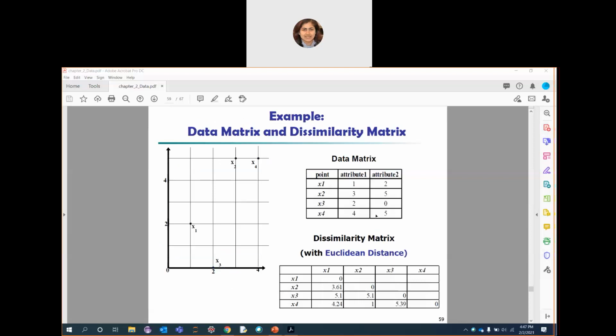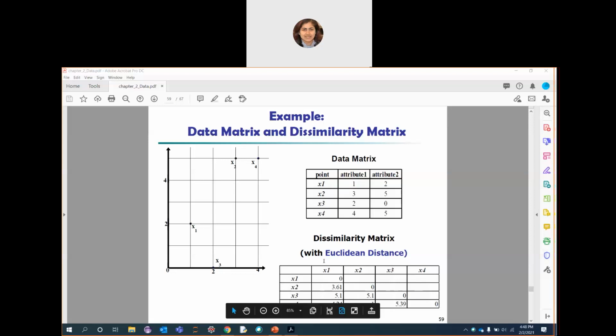If you remember in the last slides, we have seen the diagonal values will always be 0. Why? Because the distance between x, here see there are 4 points or 4 objects, x1, x2, x3, x4. For attribute 1 and attribute 2, each of the objects has its own set of values.